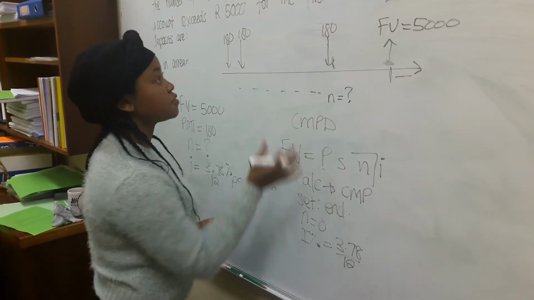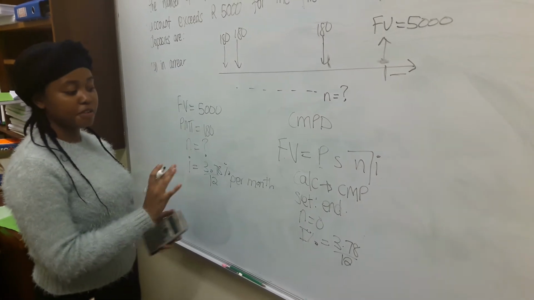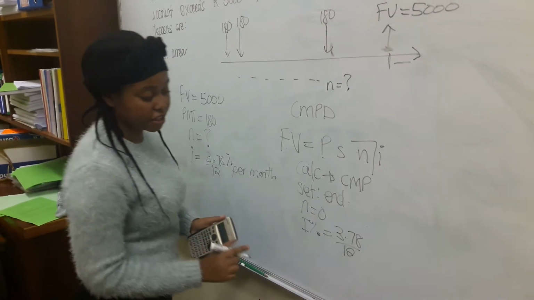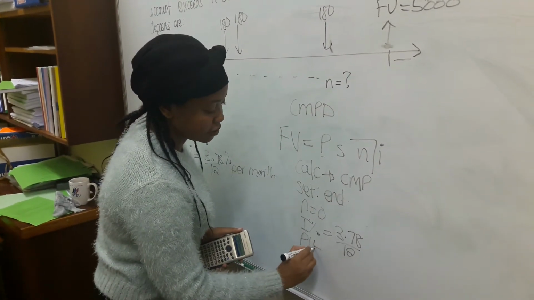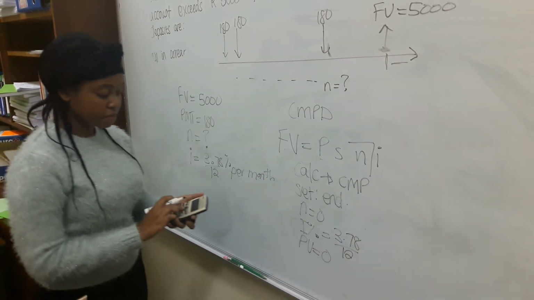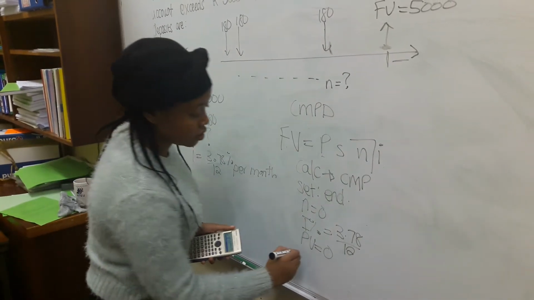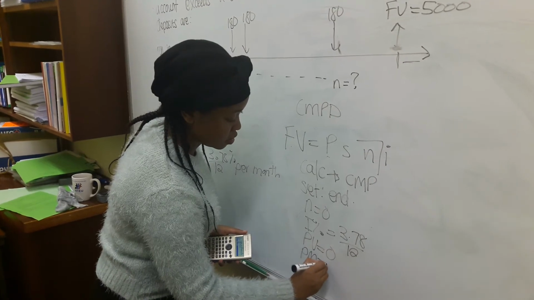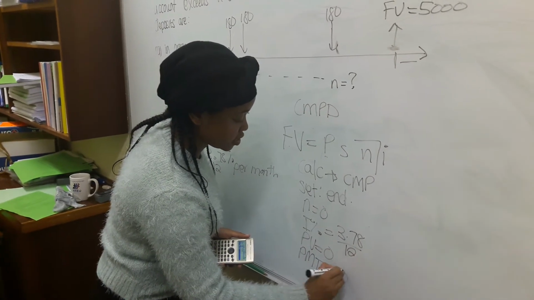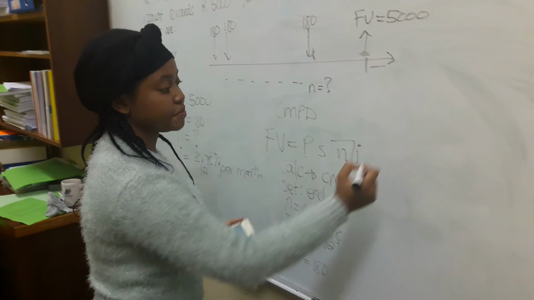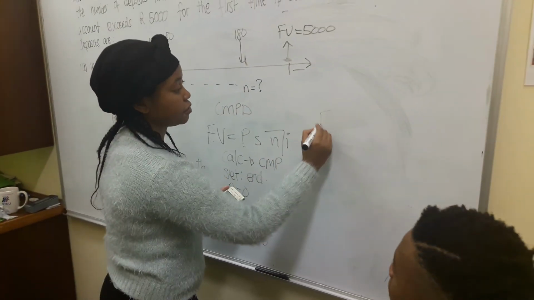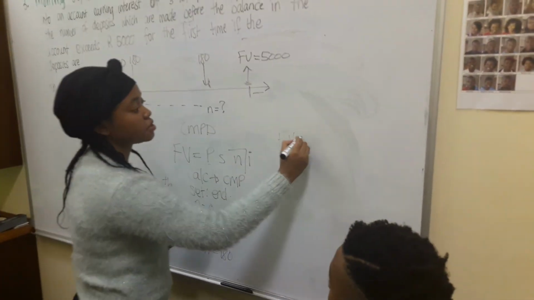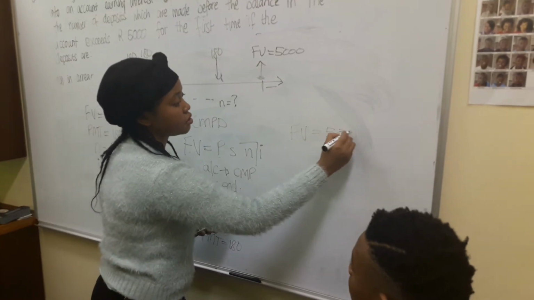The PV, because this formula does not have anything to do with PV, we're just going to make it 0 on the calculator, or if it's already 0, just leave it 0. And our payment is going to be equal to 180. Then for FV, which we're already given, it's 5,000.